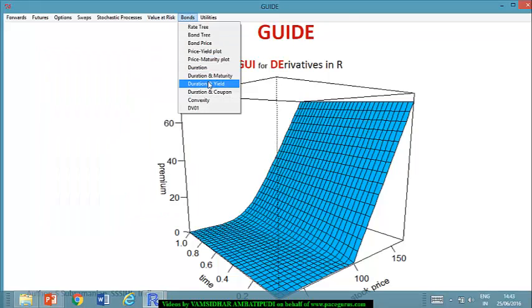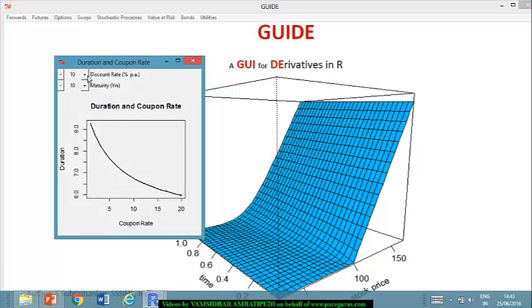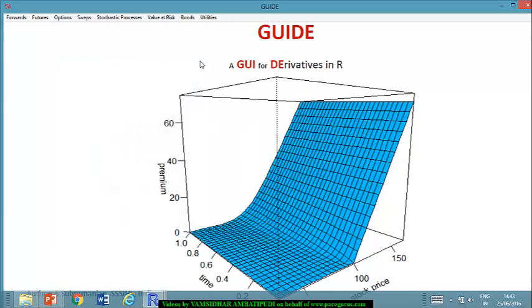You can play around with duration versus the coupon. If the discount rate is increasing, you could see that the duration is coming down. If the discount rate is decreasing, the duration is going up. All of this lies with the present value of the future cash flows, which is fundamental.